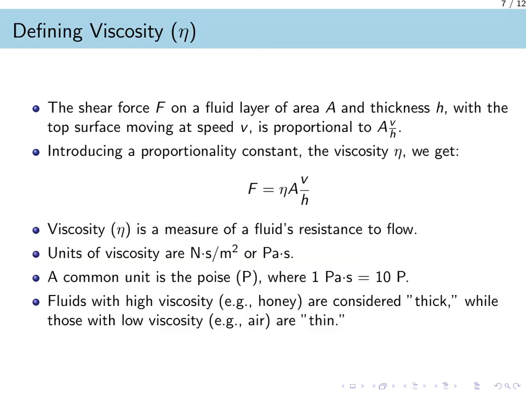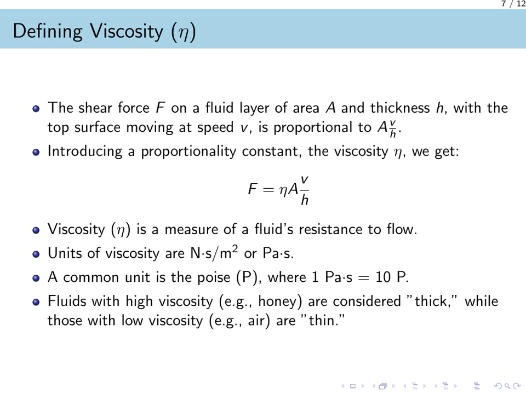Let us now formally define viscosity, which is the measure of a fluid's internal friction or resistance to flow. Consider a layer of fluid of area A and thickness h, where we move the top surface at a speed v while the bottom is stationary. A shear force F is required.